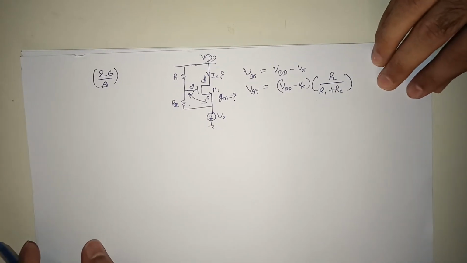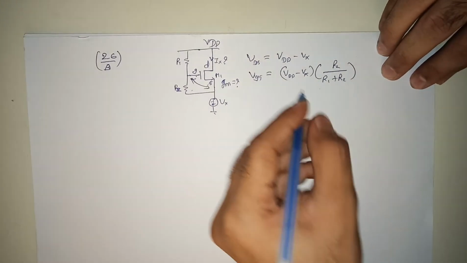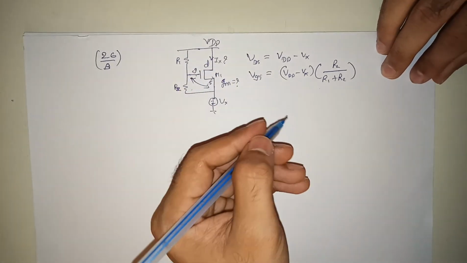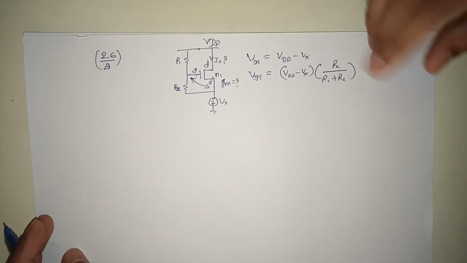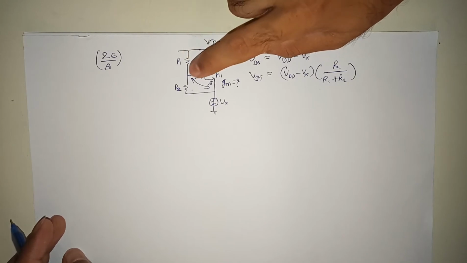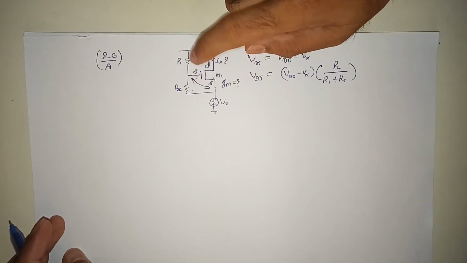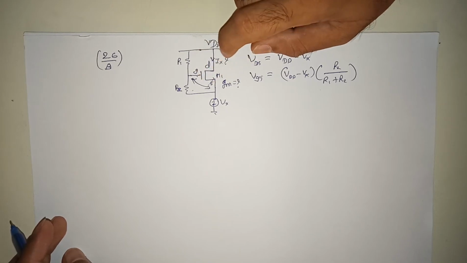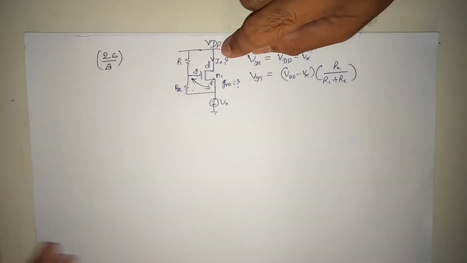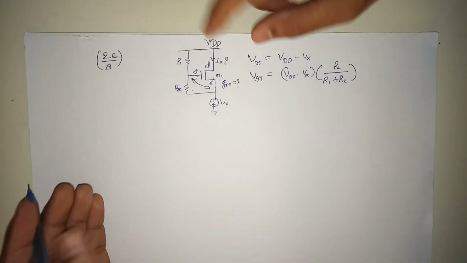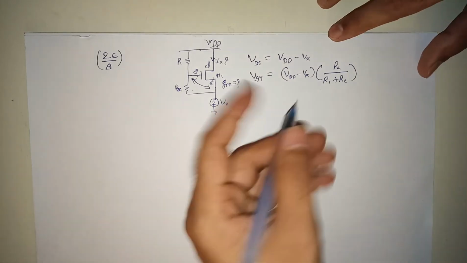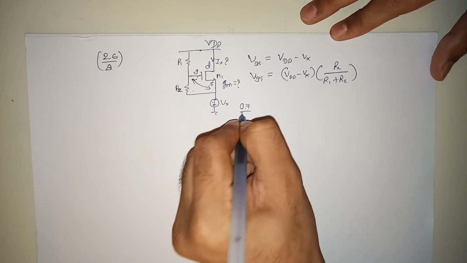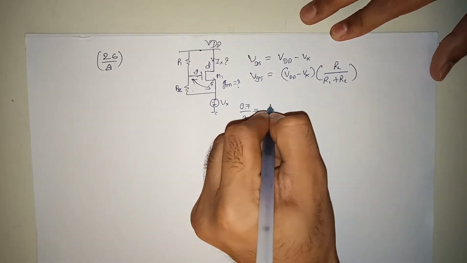Fine. So for this circuit we can find the minimum ratio for which M1 will get some VGS more than VTH, such that some current can flow. If the ratio is lesser than that, you will not be able to get any current. If you find that ratio, that is this one.